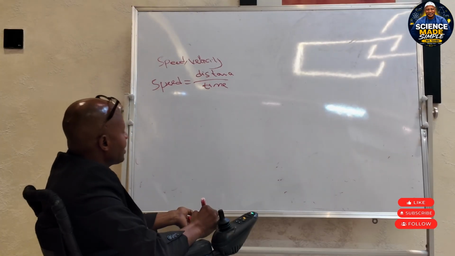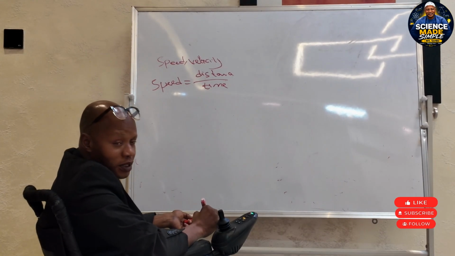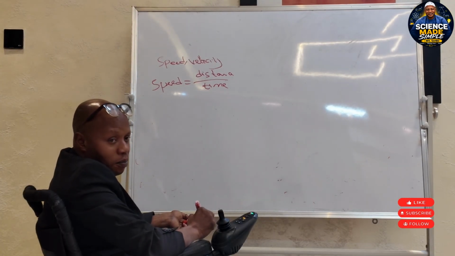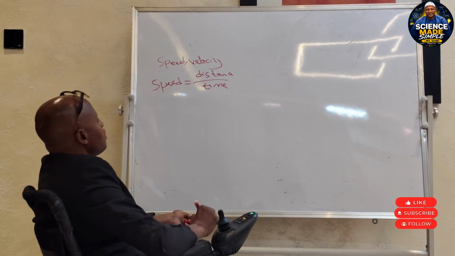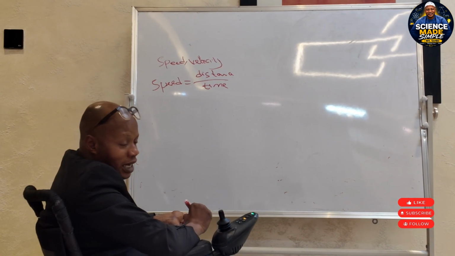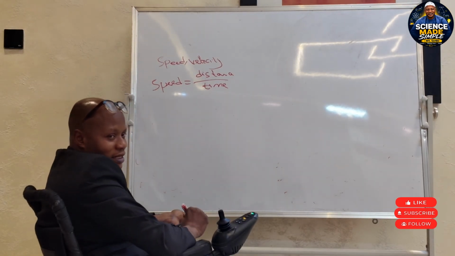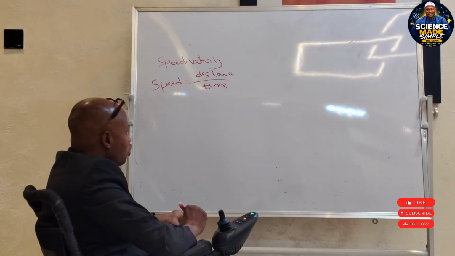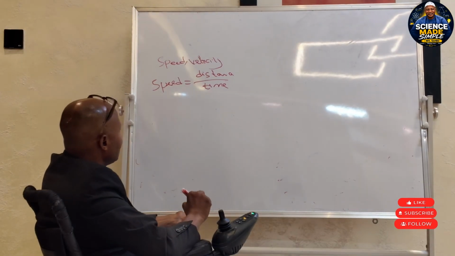Speed is measured by a speedometer. That is what we have in our motor. So that speedometer is measuring our speed. That is how fast the motor car moves or how slow. That is speed.